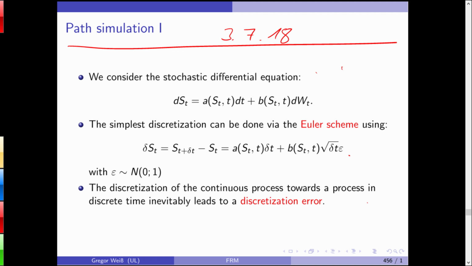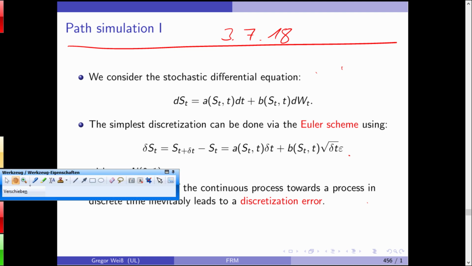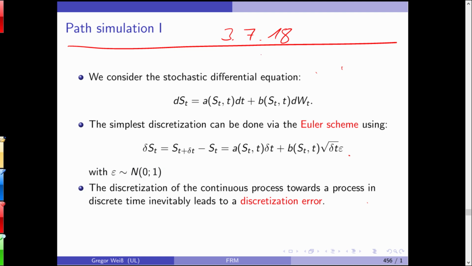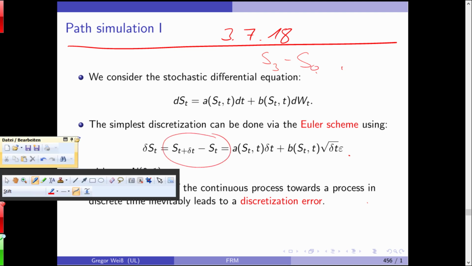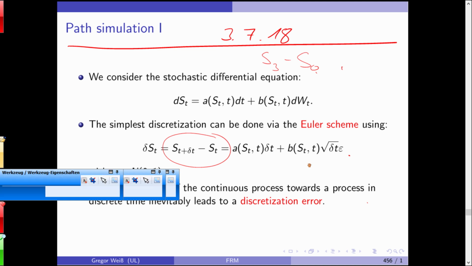So it could be the stock price in 2 days minus the stock price today. Then delta t would be 2 days, the change in time. For example S3 minus S0 here. Then this would be the change in time. Okay.